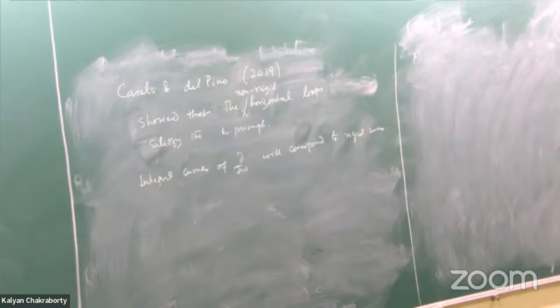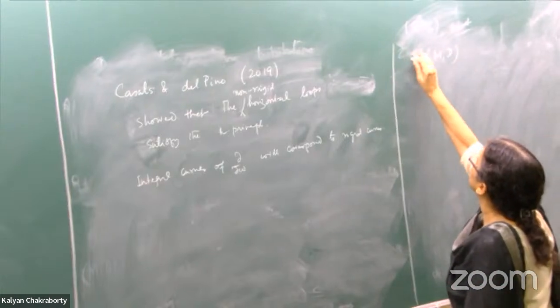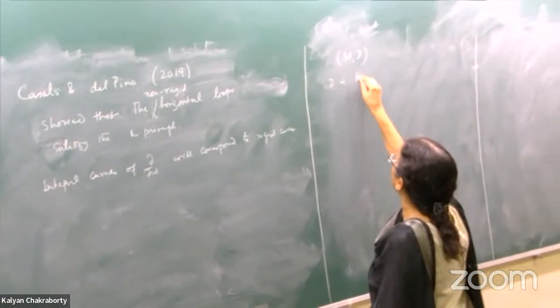Now what are the questions? So you have M, D, where D is bracket generating.